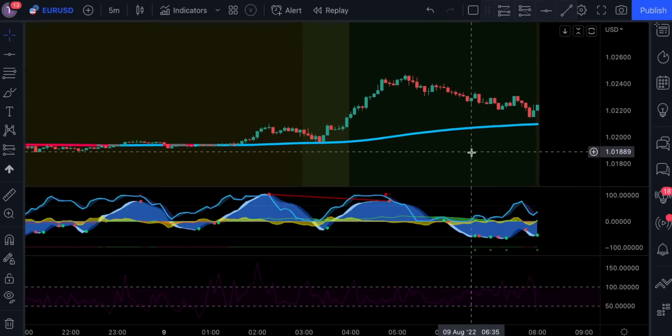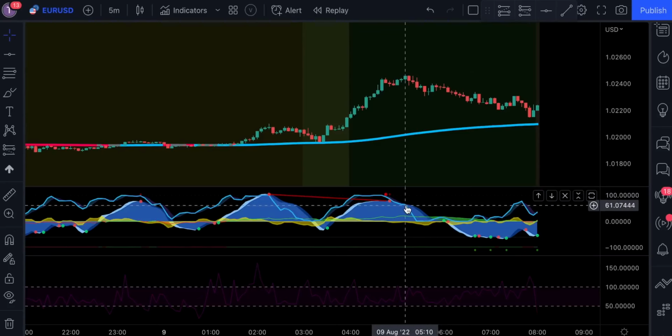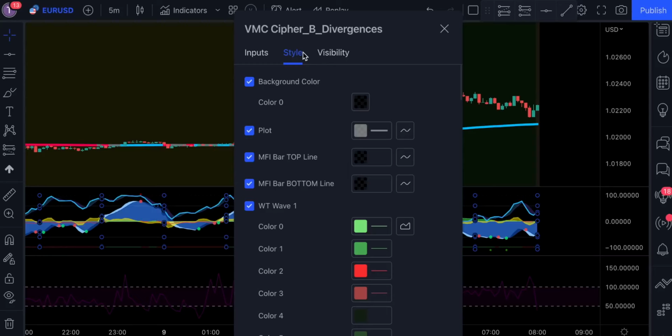The second step will be to change the settings on this Fu Manchu Cipher B indicator. We're not going to change the inputs, we're just going to change the style.